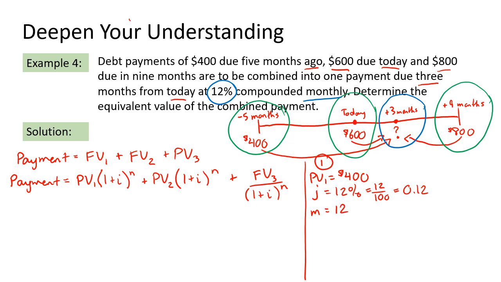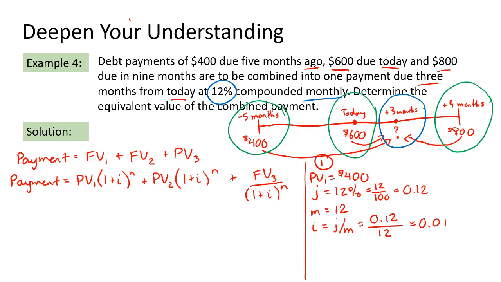So our value for m is 12. So now we can calculate our periodic interest rate, which is equal to j divided by m, which is 0.12 divided by 12. And if you calculate that out, you get a value of 0.01.